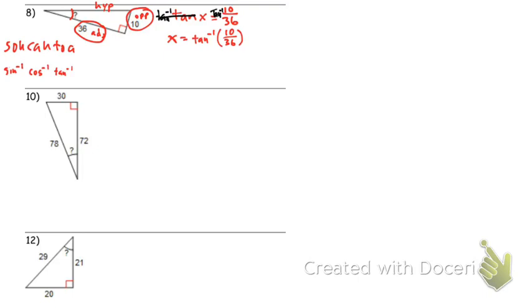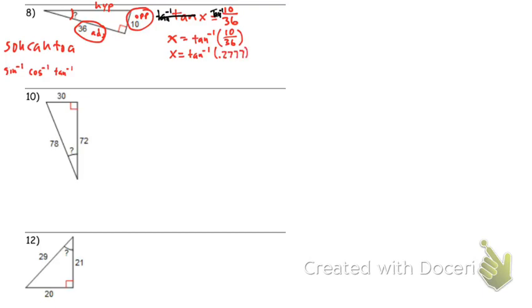How do I do that? Well, now we need our calculator. We first want to compute the fraction and turn it into a decimal. 10 divided by 36, if you throw that in your calculator, we get 0.2777. So x is equal to inverse tangent of 0.2777.